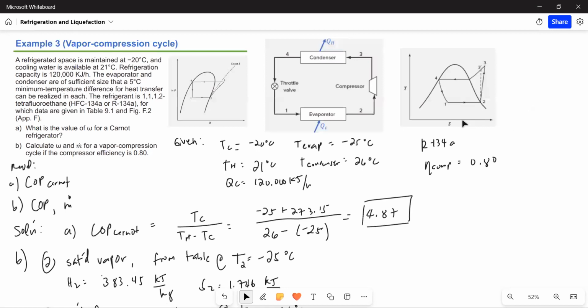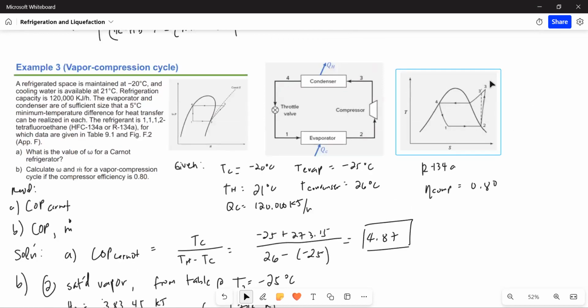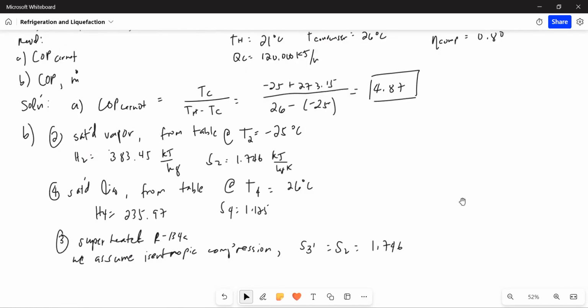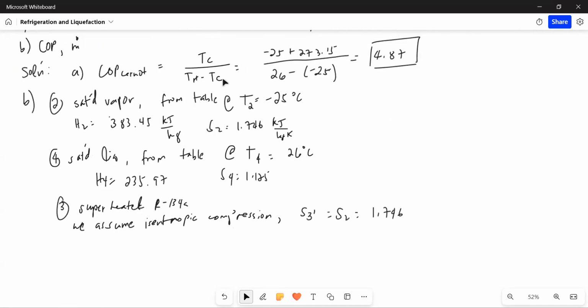At the moment, we don't know the pressure, but we know that this line is an isobar. Therefore, P4 is equal to P3 prime. During step 4, we should have read P4 in the saturated property table.